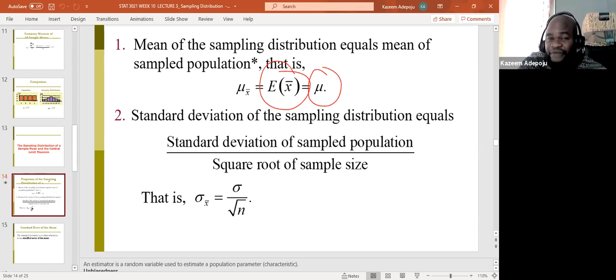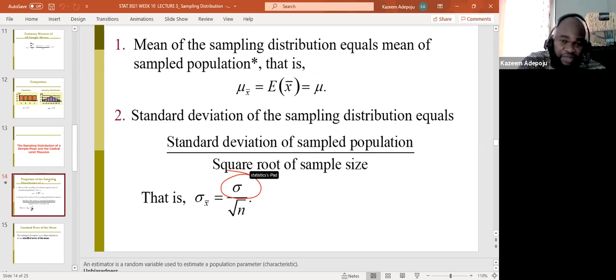The standard deviation of the sampling distribution is the ratio of the standard deviation of the population to the square root of the sample size. If you take a look at this guy here, that's sigma, which represents the standard deviation of the parent population that may not even be normal.